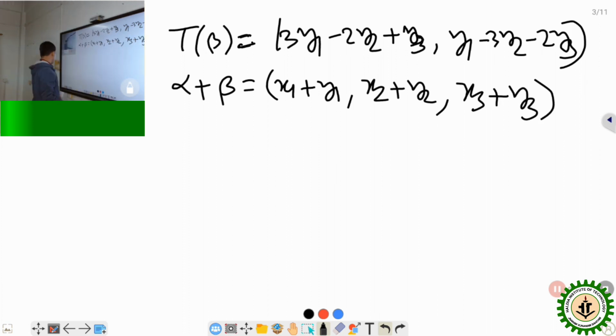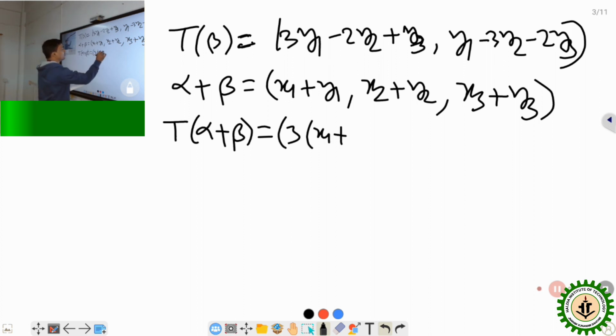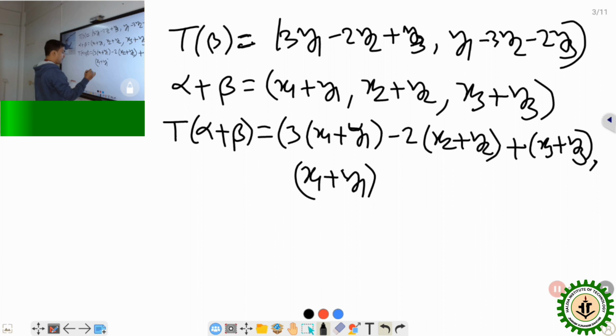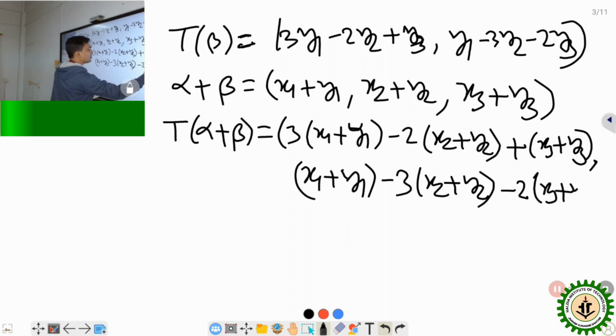If we compute T of alpha plus beta, that will be (3 into (x1 plus y1) minus 2 into (x2 plus y2) plus (x3 plus y3), x1 plus y1 minus 3 into (x2 plus y2) minus 2 into (x3 plus y3)).